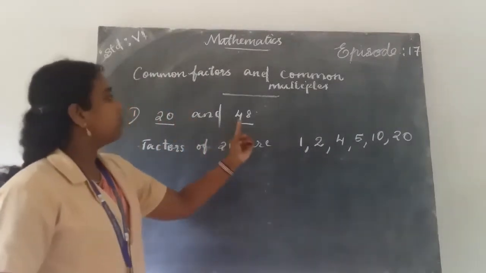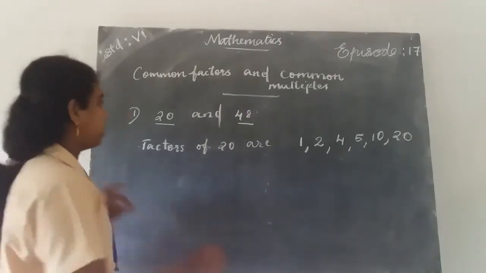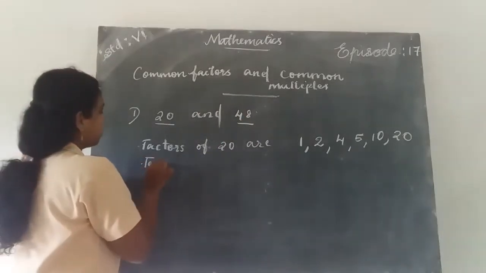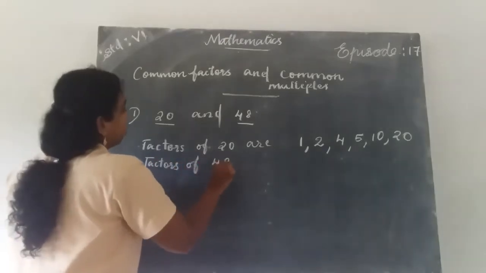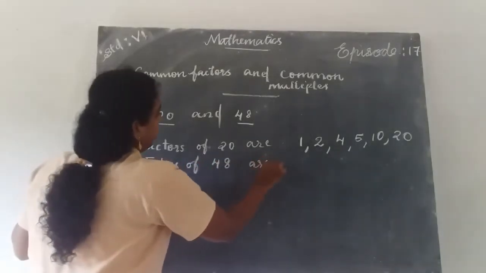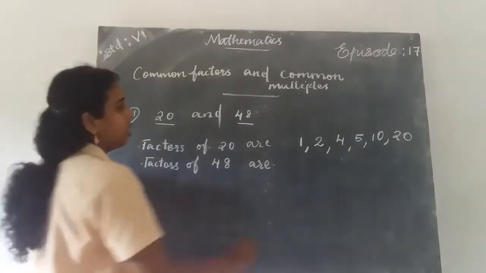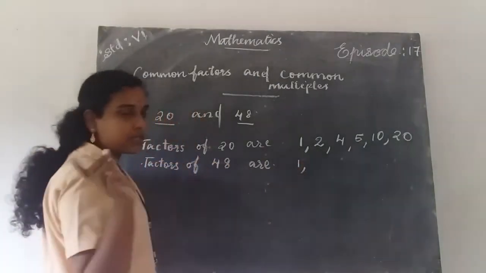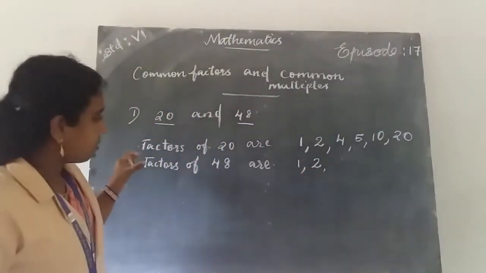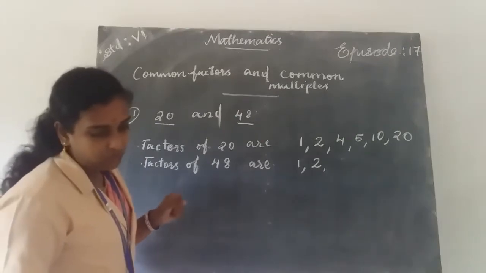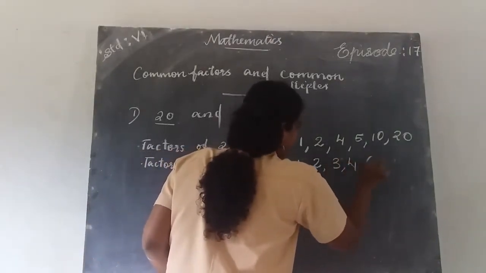Okay, like that we write the factors of 48. So the next step is factors of 48. 48 comes under the table of 1. Then it's an even number, so it comes under the table of 2. Then it comes under the table of 3. 1, 2, 3. Then in the table of 4, in the table of 6.